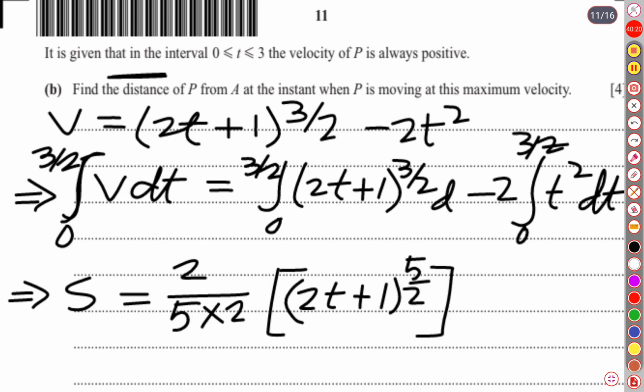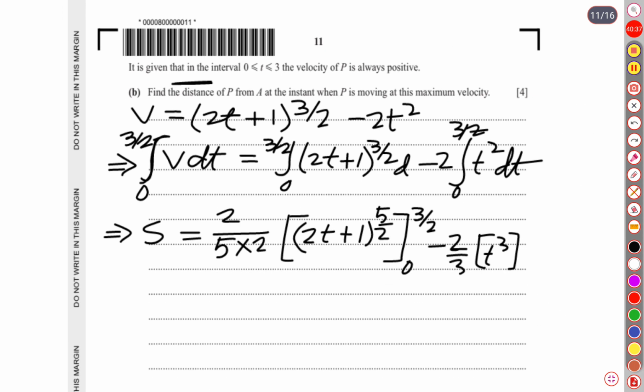Then our limit is 0 until 3 over 2 seconds, minus 2, and here it is going to be 3 over 2, and t is actually cube, and our limit is 0 until 3 over 2 seconds, means 1.5 seconds.